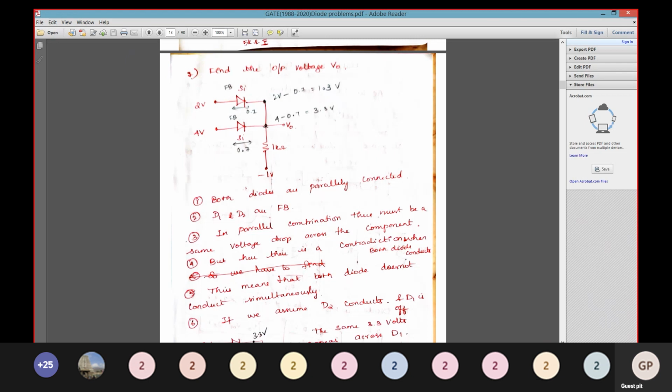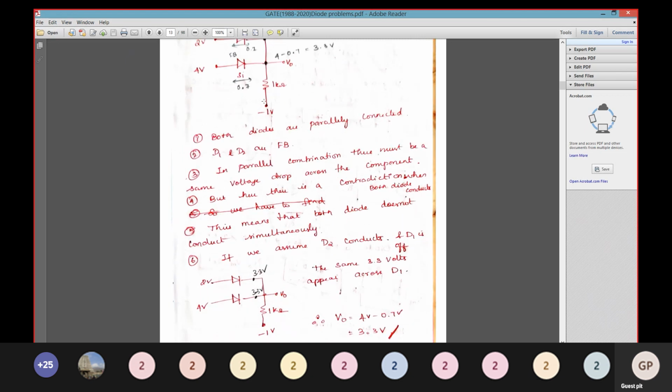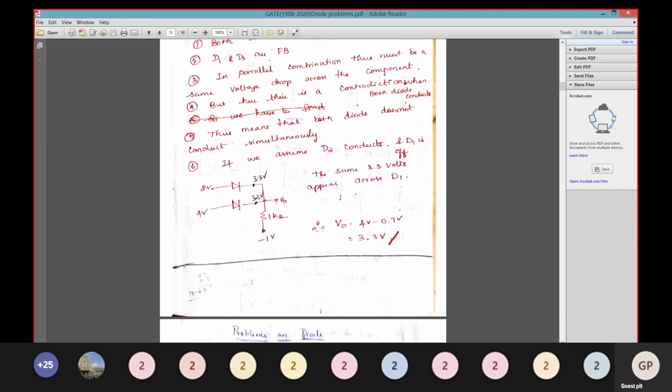So the voltage here is 3.3. Now what is the answer? V naught is equal to 4 minus 0.7, which is 3.3. And we give it as 3.3 because your output voltage is directly connected over here.